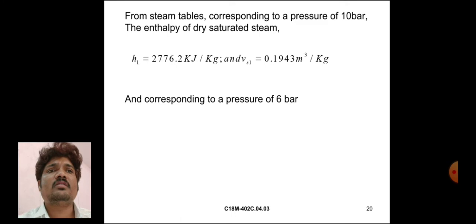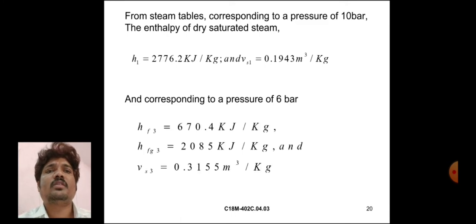Corresponding to a pressure of 6 bar, HF3, HFG3 and Vs3 are 670.4 kilojoule per kg, 2085 kilojoule per kg, and 0.3155 meter cube per kg.